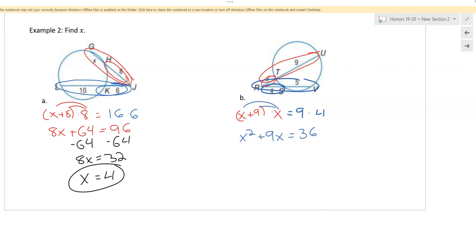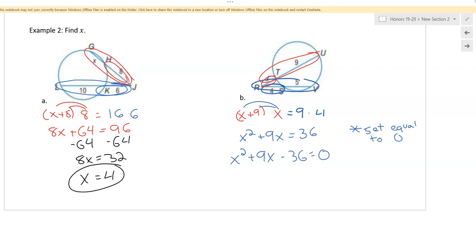Now, if you notice, I do not have an x squared on both sides. So what we're going to do is set it equal to 0. So I get x squared from here.